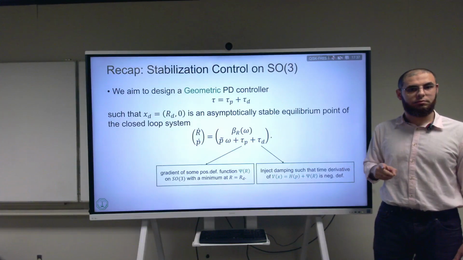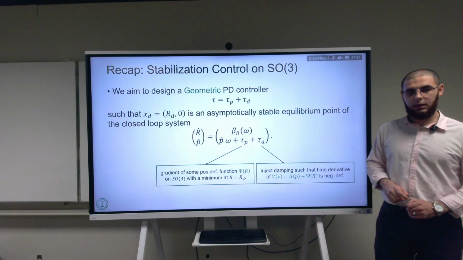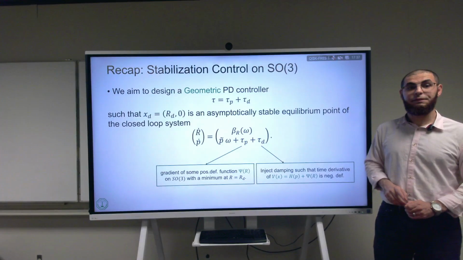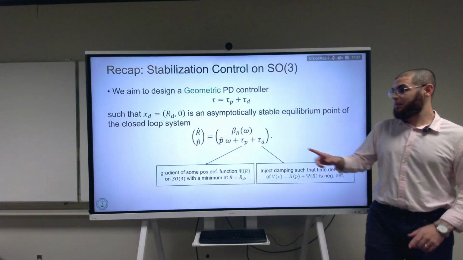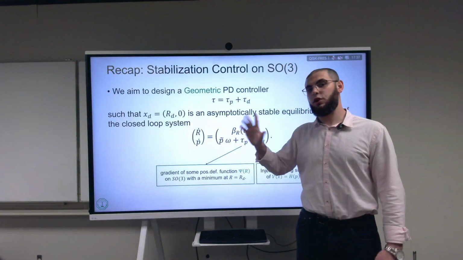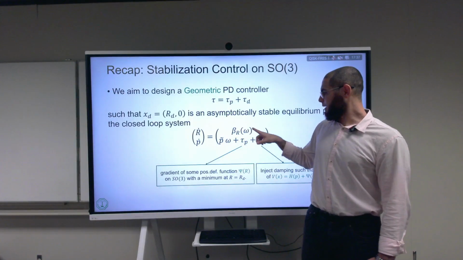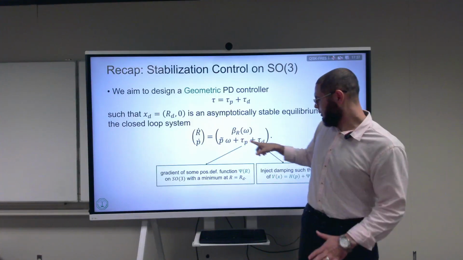Is this system controllable? Because what I see here is that tau affects p. Integrating p affects r. That's right. The p and the omega are related. I wrote it explicitly like this, but you can simply write it as a function of r, p, and omega, as you see on the right hand side.